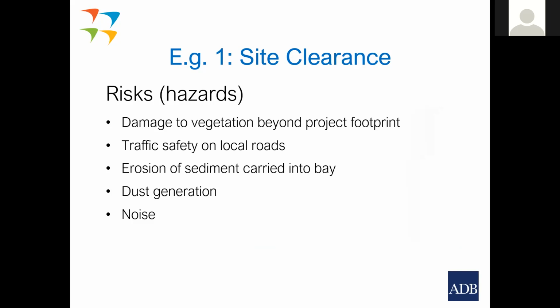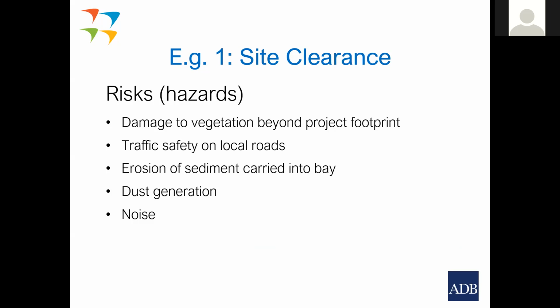But we identify what the potential risks are for site clearance. We can identify five risks. Potential damage to vegetation beyond the project footprint could be a risk. Traffic safety on local roads, taking materials to and from clearance, because there were some old piles that needed to be removed, and there was a pile of coral rubble that was required to be removed there.